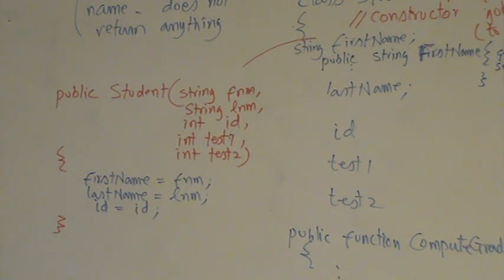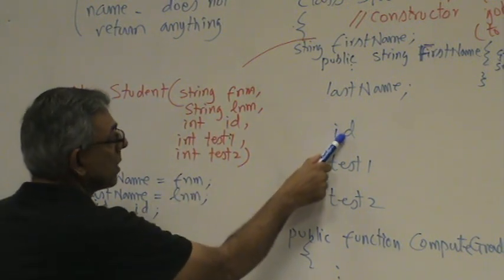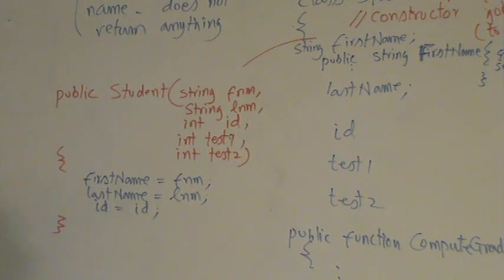So the one on the left is the one from the variables, and the ID on the right is the local ID that is passed. Okay, so as you can see, somebody may still get confused by ID equal to ID, because one of these corresponds to this, one of these corresponds to the data inside the class, okay?